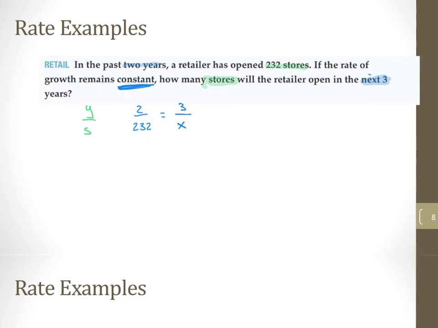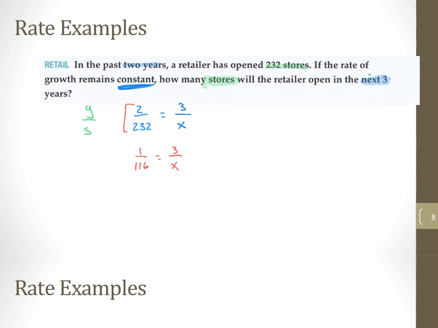Now that we've got our proportions set up, we're going to cross multiply and see what this will take. Before you cross multiply, always check to see if you can simplify your fractions. And in this case, you can. 2 over 232 simplifies to 1 over 116.